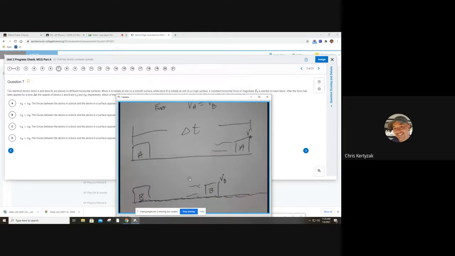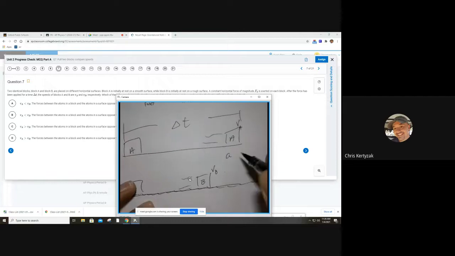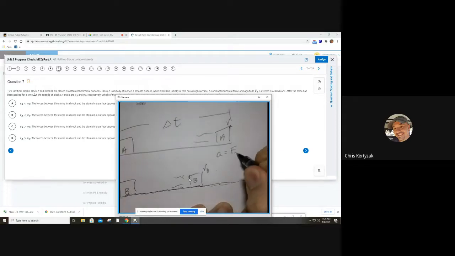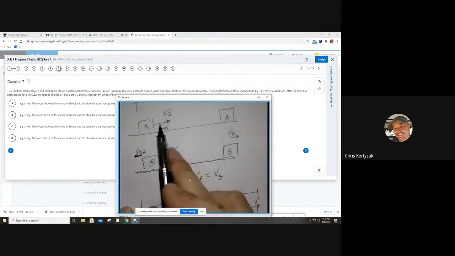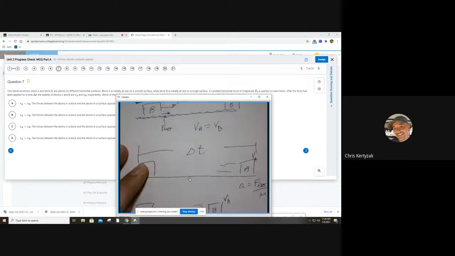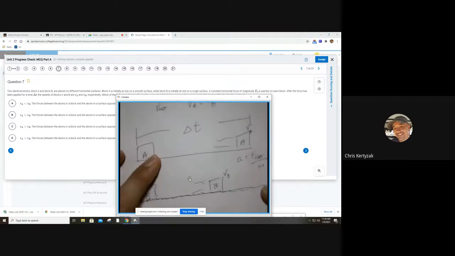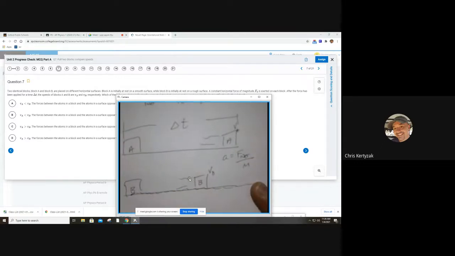He's going to have more speed, right? Because his acceleration is greater. And I've also pointed out that the acceleration for either of them is their net force divided by their mass. Since he has more net force on him, this guy has less. Since this guy has more net force on him, he'll have more acceleration.